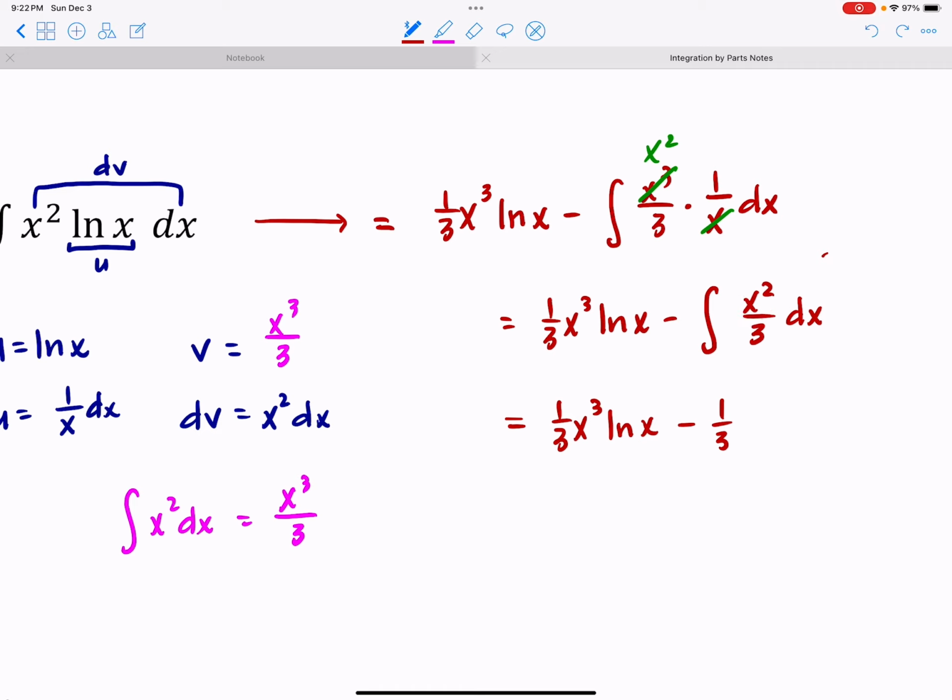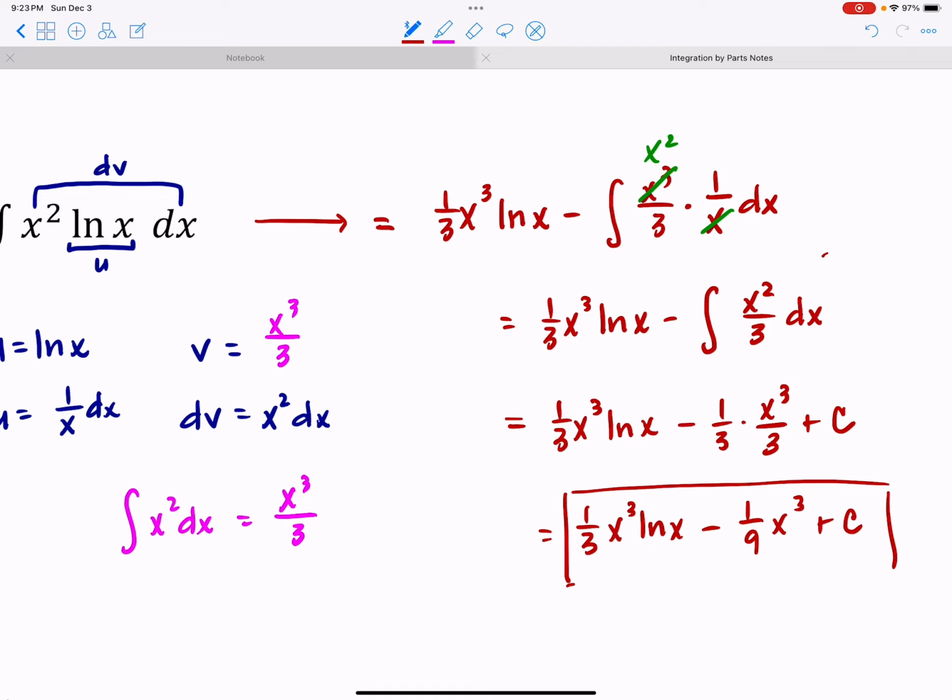So 1/3, and then it will be multiplied by x cubed divided by 3. So add 1 to the exponent, divided by the new exponent, and then of course my constant of integration. So final answer, let's clean this up all the way, 1/3 x cubed natural log of x minus, this becomes a 1/9 x cubed, and then a plus c.